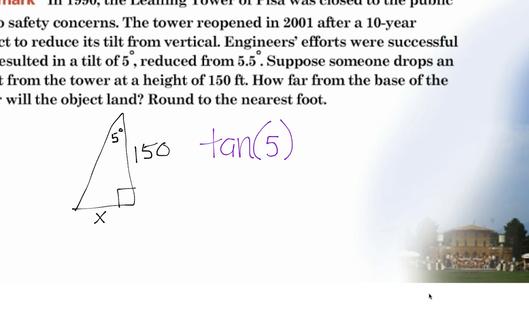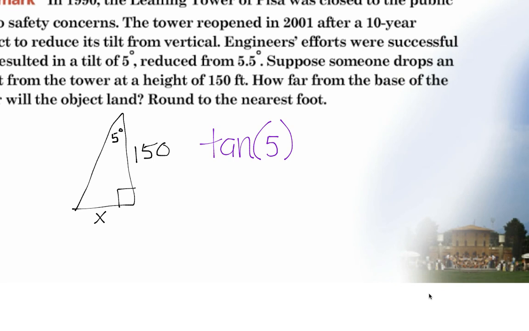And just to test that, right now, if everybody was to hit the tan button and then enter the number 5, close those parentheses, and hit enter, you get 0.0874886635. So if you have that, you're on the right track.